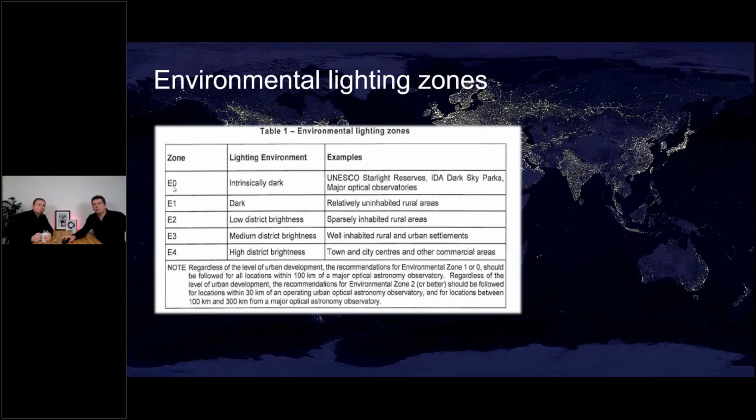Yeah, we will see. So in short, E0 is something which really should be dark. So something like a dark sky park, some areas close to a sky observatory, to observe the stars. And then from 1 to 4, it's increasing to be more urban areas.